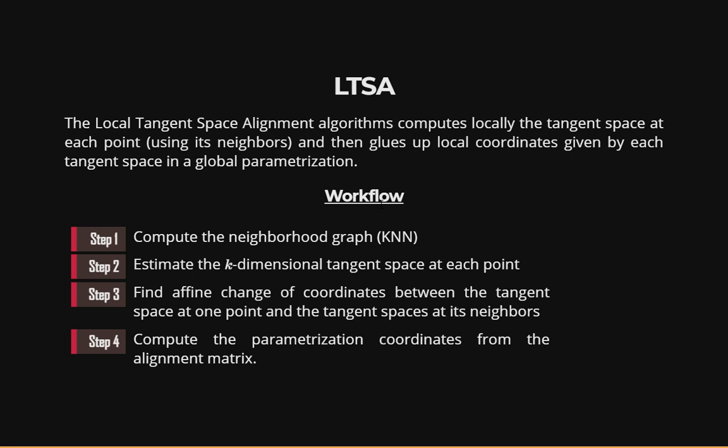You get what is called an alignment matrix, collecting all these affine changes of coordinates, and you compute a global parameterization of your manifold. So this gives you, in the end, if it exists, a global parameterization of your manifold. So it takes your manifold and unfolds it down onto some R^k.